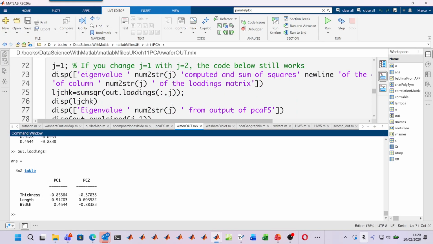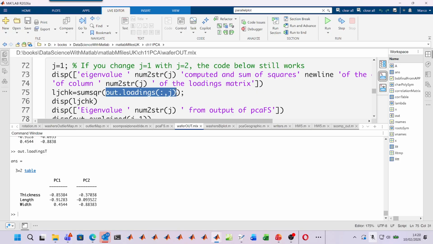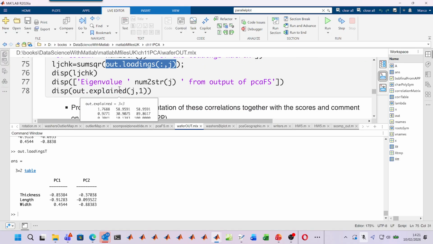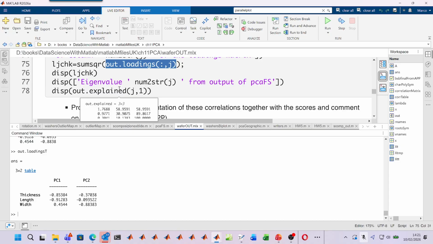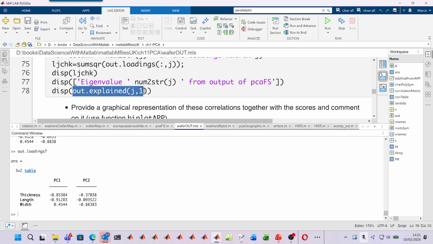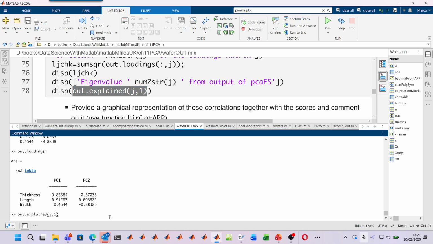And now we compute it. You compute the sum of squares of the jth column, and then you check whether the sum of squares of the jth column is equal to out.explained jth element, first column, or not. Because out.explained j is what comes out from the procedure.